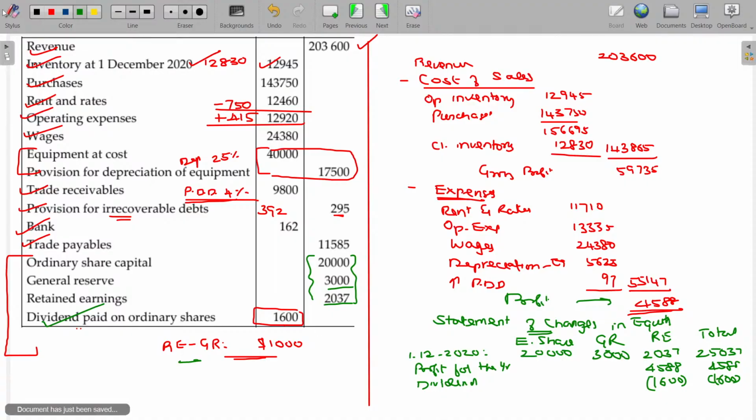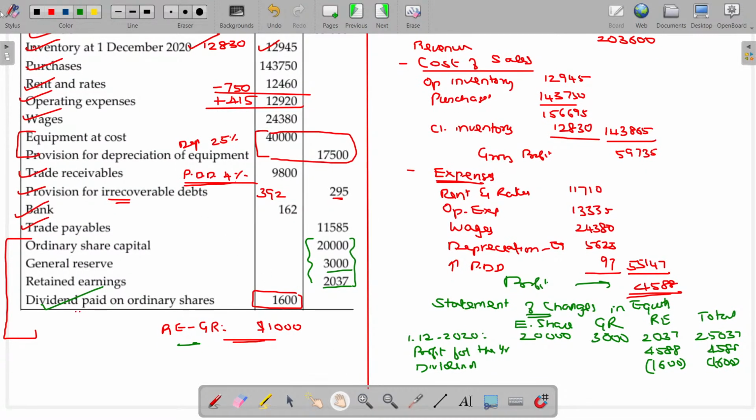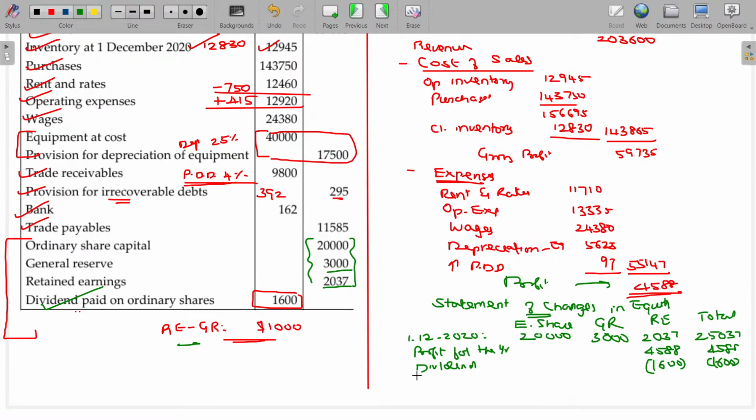And transfer to GR. Okay. Transfer to GR, 1000, should be added to the GR and subtracted from the retained earnings, and the ultimate value being 0, and equity value being 20,000, and this will be 4,000, and this will be 4,025, and this will be 28,025.